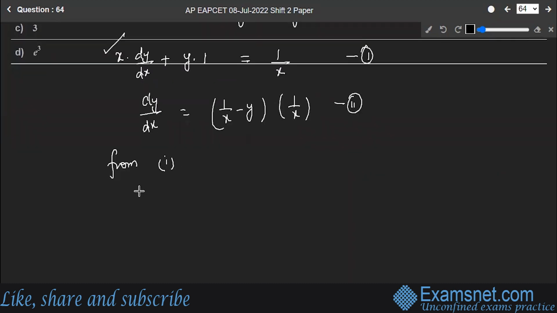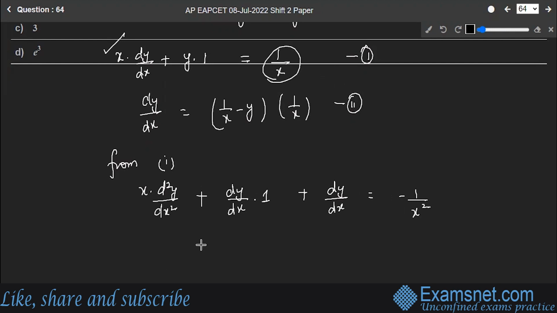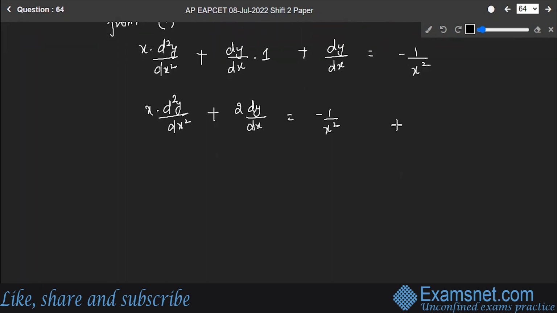So x into the derivative of the second plus the second function into the derivative of the first, plus dy by dx, is equal to minus 1 by x square, since the derivative of 1 by x is equal to minus 1 by x square. Okay, so x into d square y upon dx square plus 2 dy by dx is equal to minus 1 by x square. Now I will use the second equation to fill in the value of dy by dx.